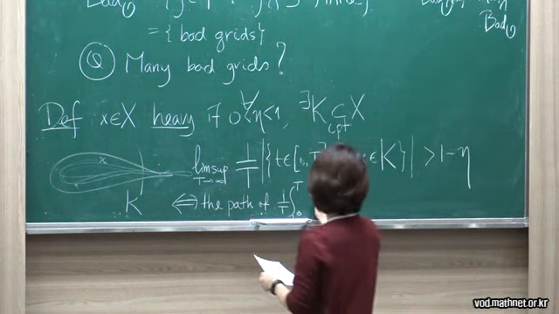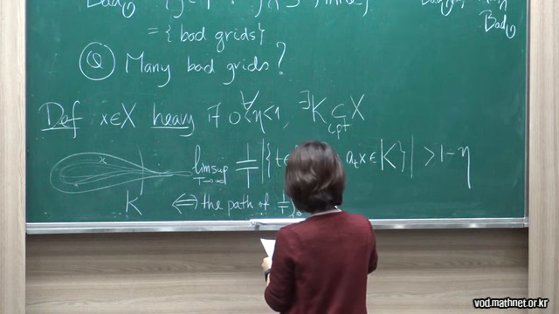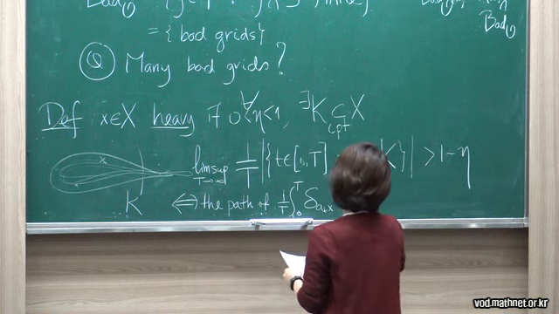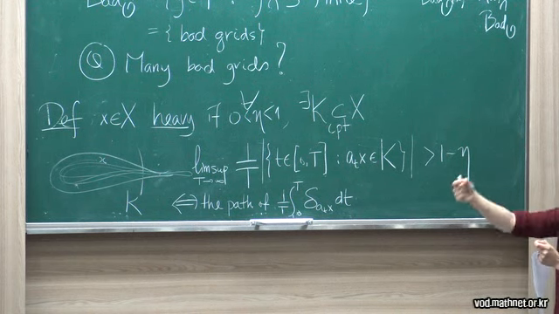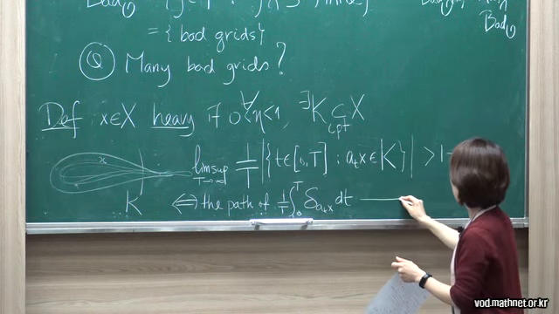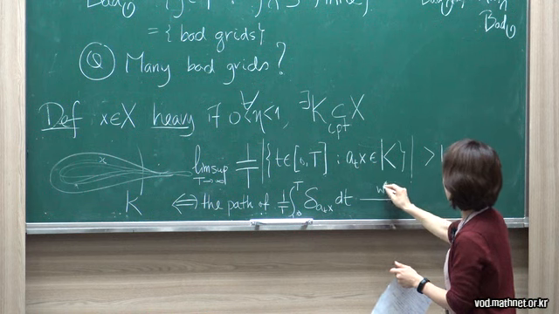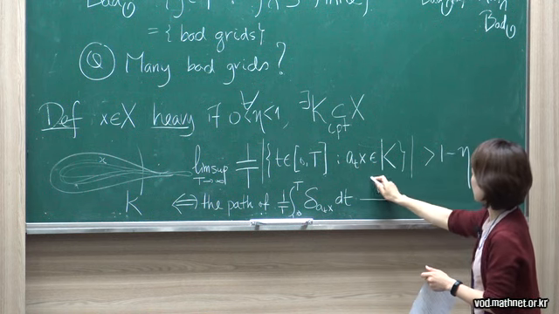Let me write the Dirac delta measure on a_t x, so it's a uniform measure on the orbit from 0 to t. And this goes to, in weak star, it has a weak star limit.